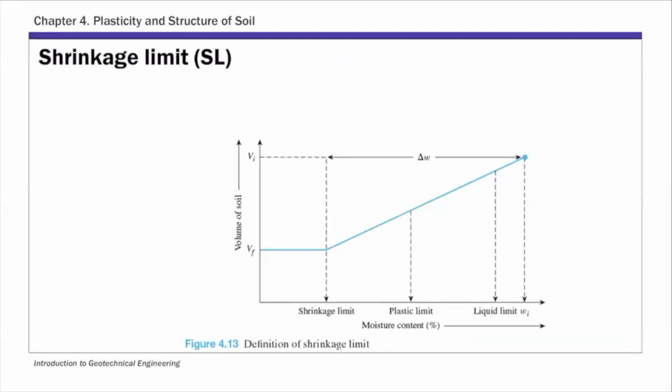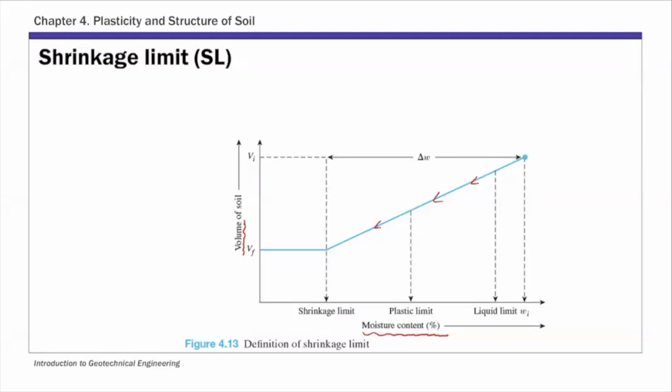And the last one is shrinkage limit. So shrinkage limit, it's shown on this slide here. So on this slide, you have moisture content and volume. So the basis of this test is that as soil loses moisture content, it's going to shrink. So that's why you see this line here. So as you decrease moisture content, the volume decreases. So that's pretty intuitive.